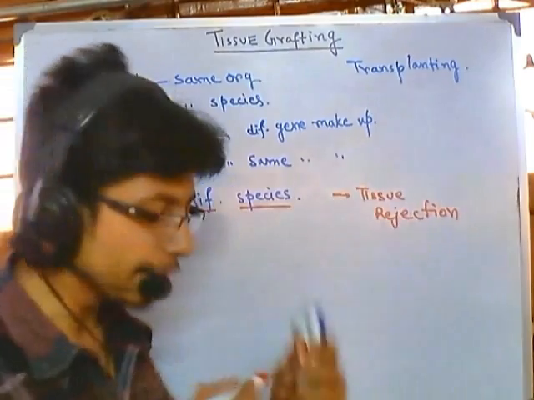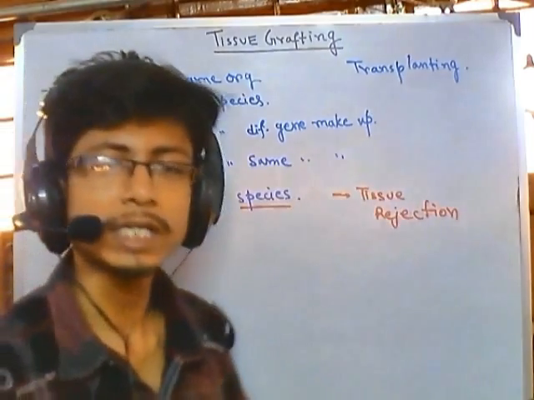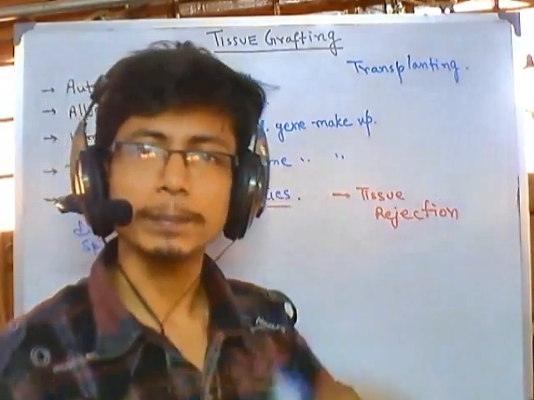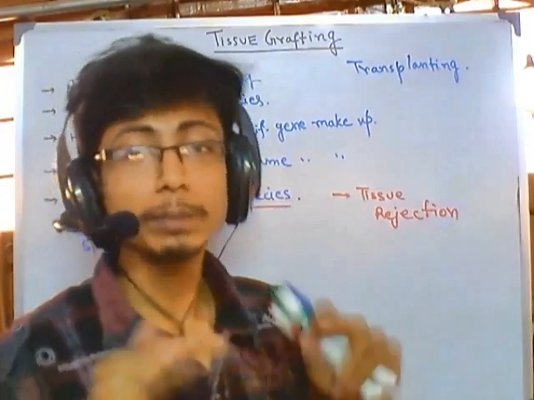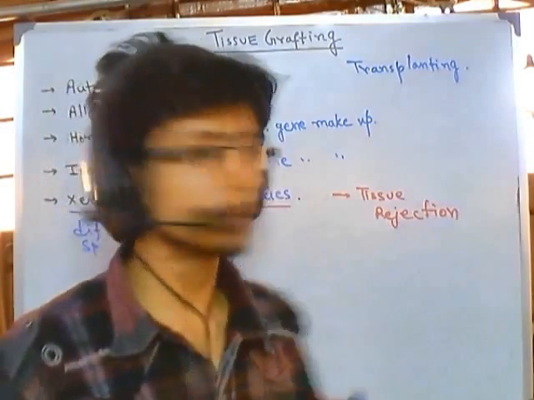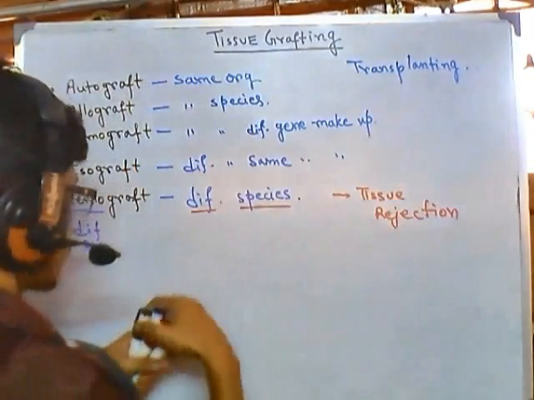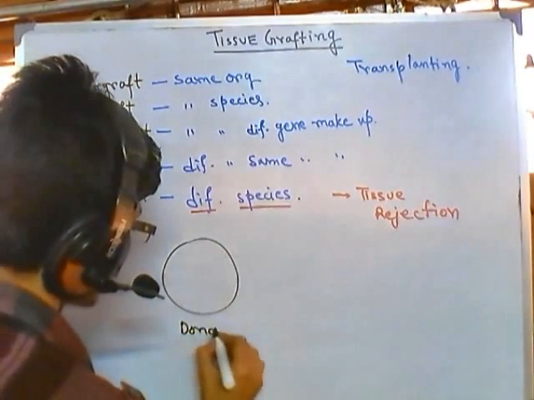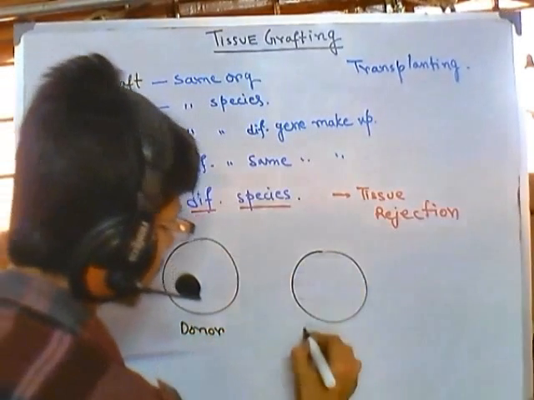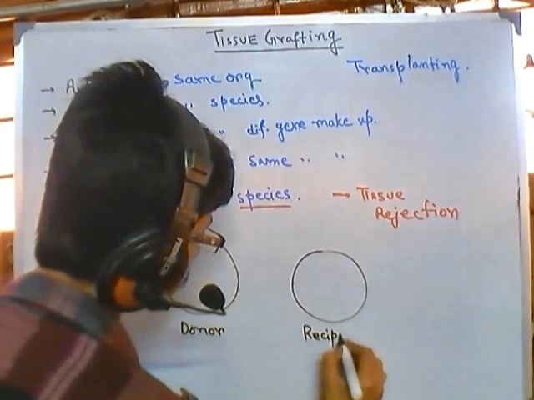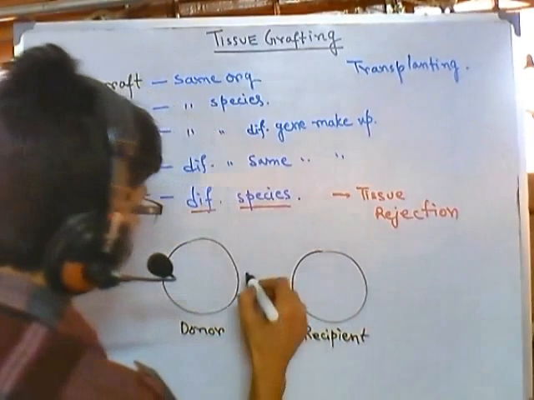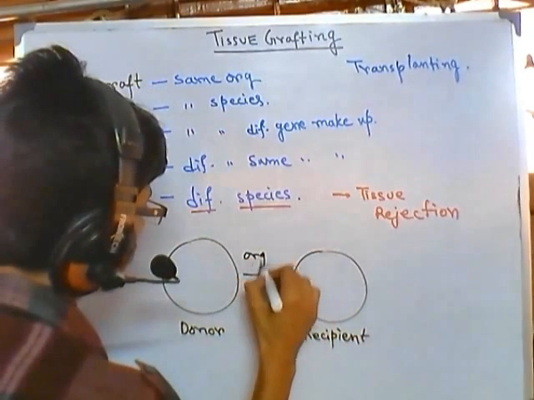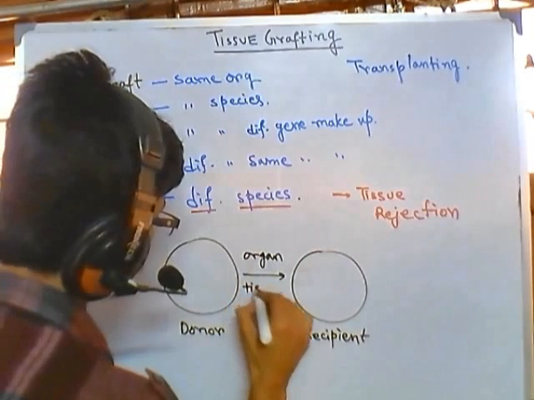To prevent that, we can suppress the immune system of the recipient, because in any kind of tissue graft there must be two important individuals: one is the donor who provides the tissue or organ, the other is the recipient who receives it.